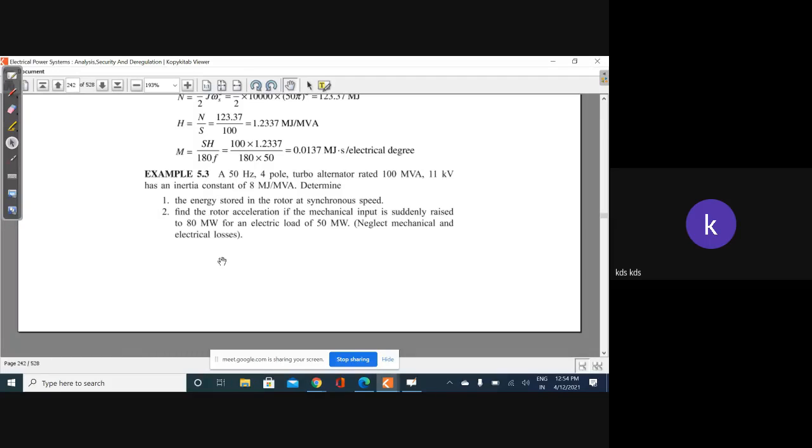Through some mechanism, some mechanical input will increase. That mechanism is lethargic. It does not respond very quickly.